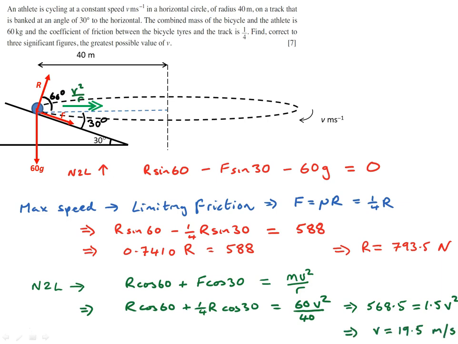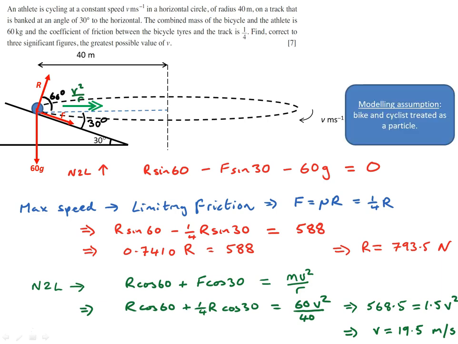And if we divide by 1.5 and then square root, we obtain a maximum possible value of v of 19.5 meters per second. And as we've already commented earlier on, we have assumed that the bicycle and the cyclist can be treated as a single particle.